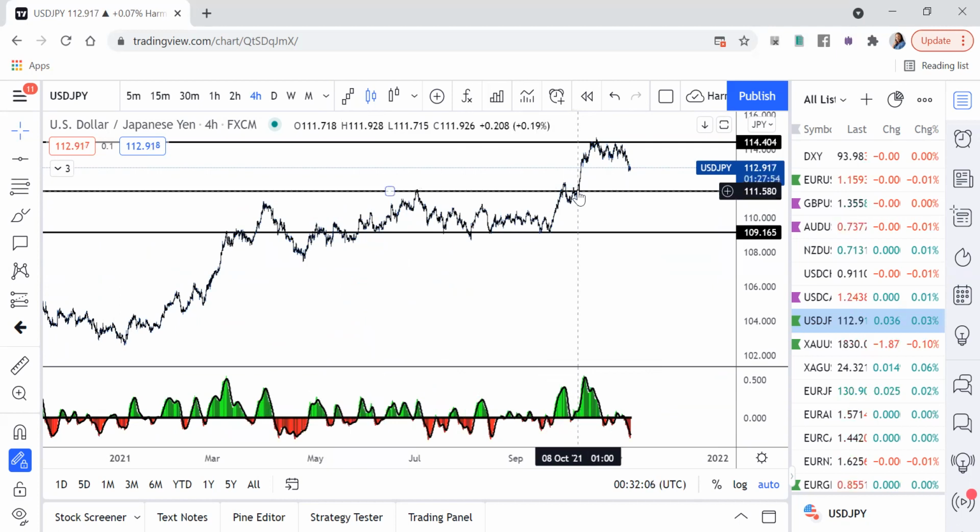So looking at this with the naked eye, without even applying anything from the MACD, trend line, whatever other indicators that you guys use, right? I want you guys to be analytical traders. I want you to be able to read and see what the chart is actually telling you, right?